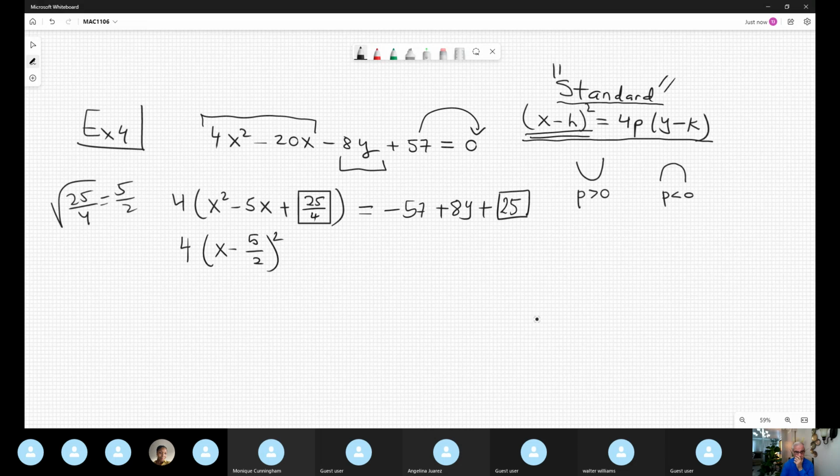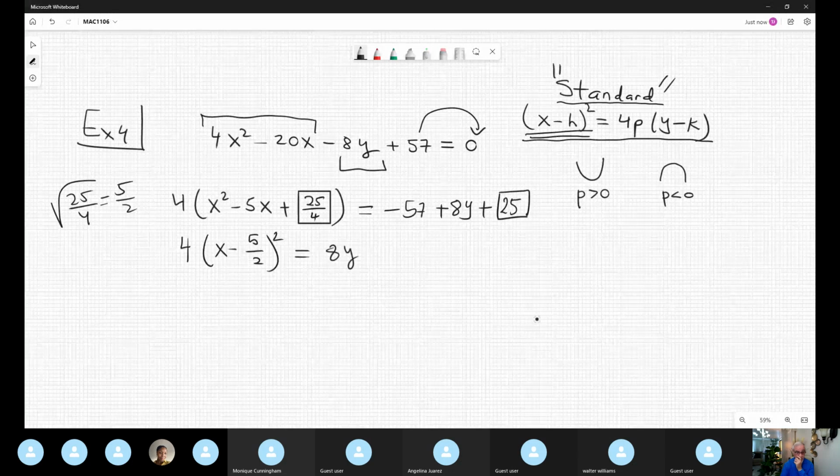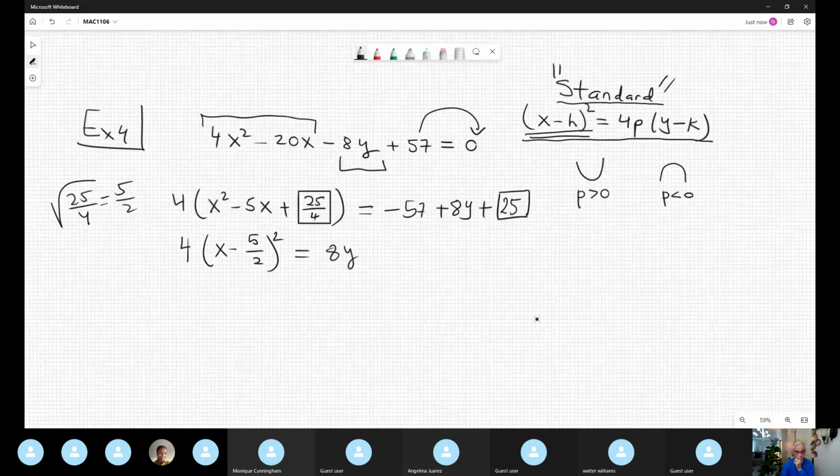It's squared. Now on the right-hand side we have 25 and 57. Okay, I understand that. And you subtract negative 57 and 25, and the answer is negative 32.